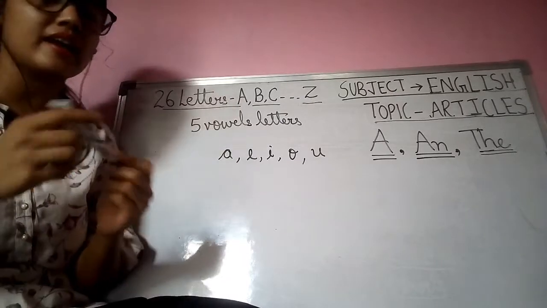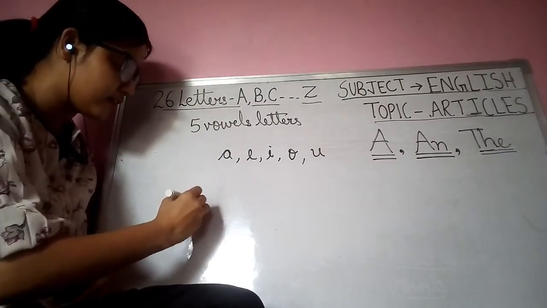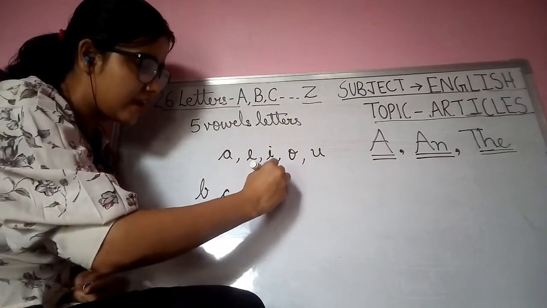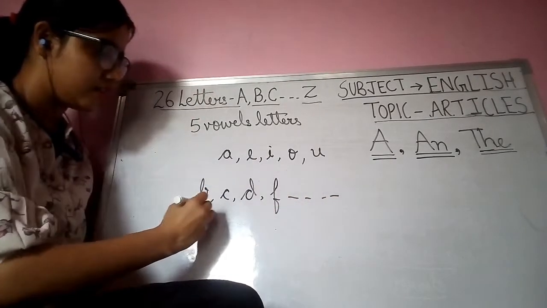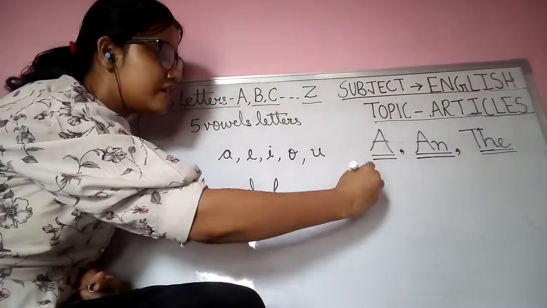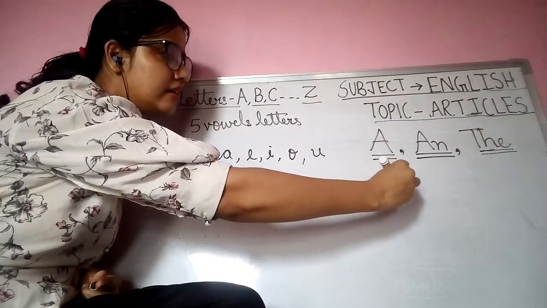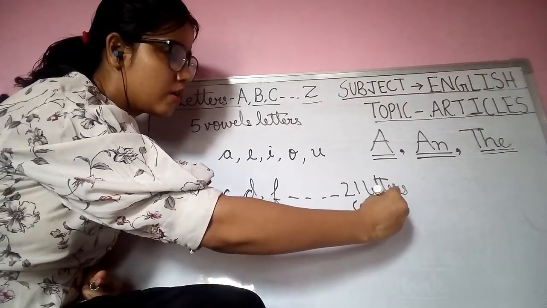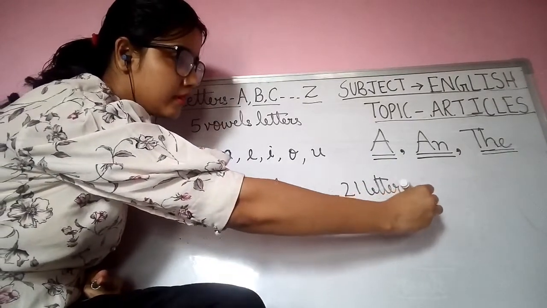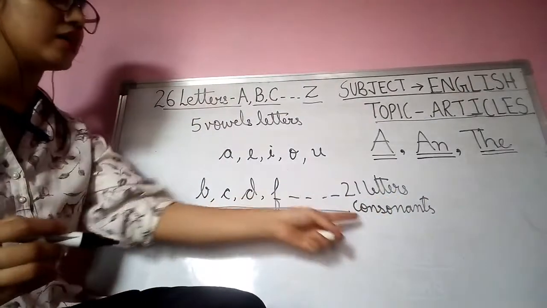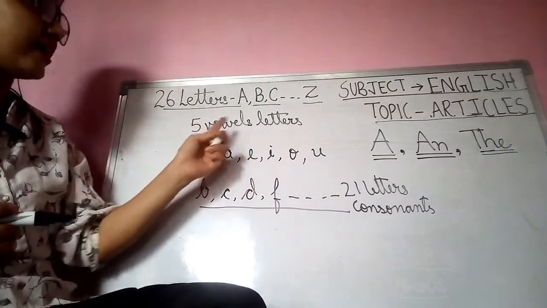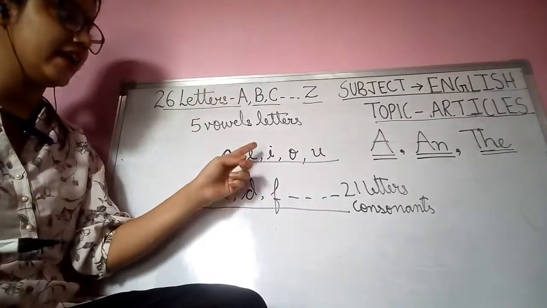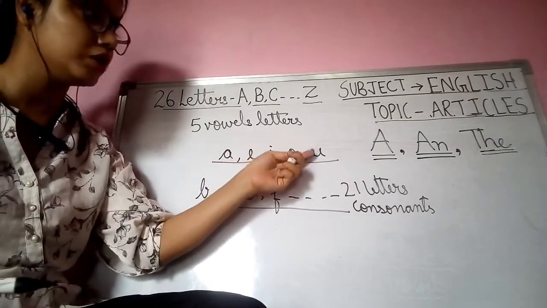And the remaining letters, that are B, C, D, F and so on, the remaining 21 letters are called consonants. So there are 21 consonant letters and 5 vowel letters. Which are the 5 vowel letters? A, E, I, O, U.